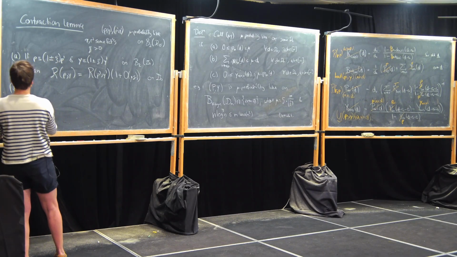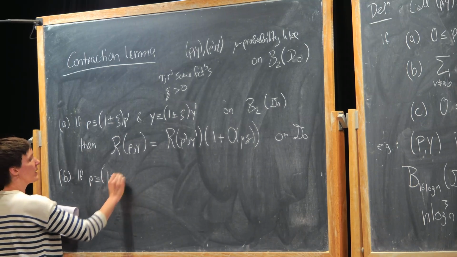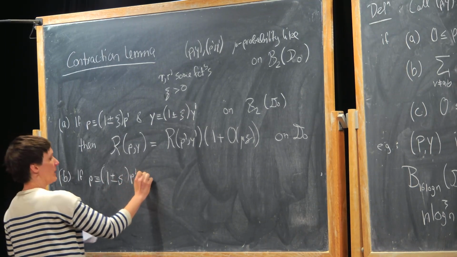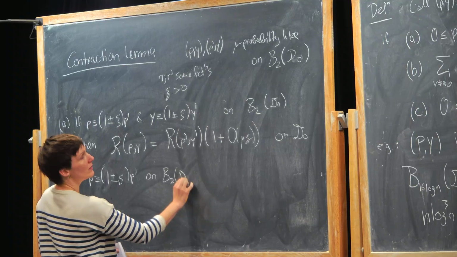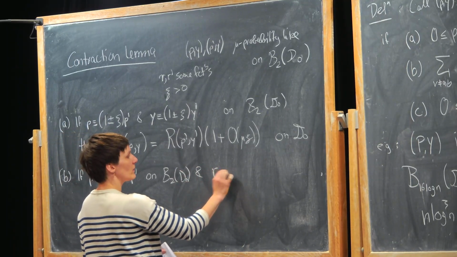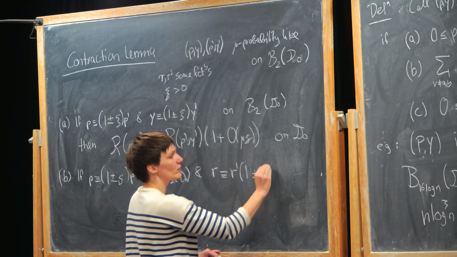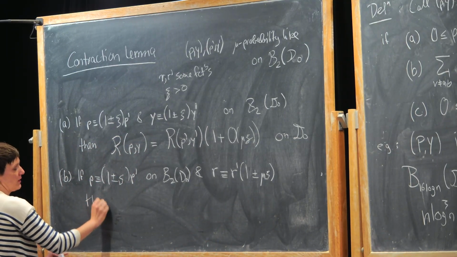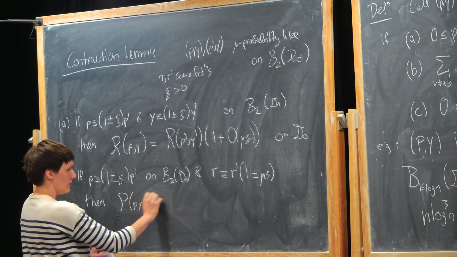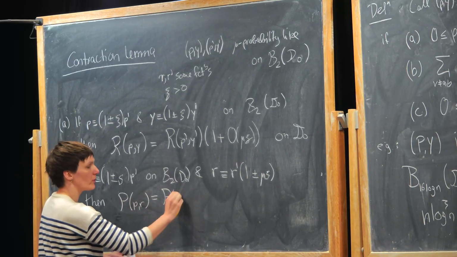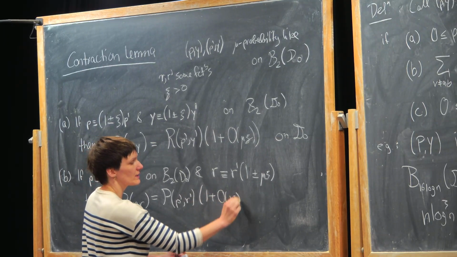So the second one is if you have P is equal to 1 plus minus psi P prime on B2 of D, and you have an approximation for the ratios as well, R prime times 1 plus minus, here you assume the extra factor mu, then if you apply the probability operator, P of P, R, this is the same as if you put in the two approximations times 1 plus big O of mu psi.